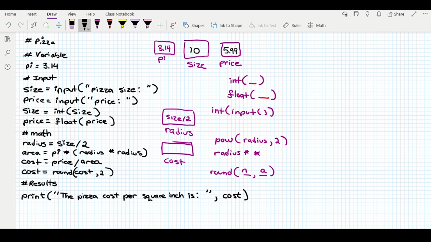Now we do some math. We get the radius. Radius is size divided by 2. The value inside of size is 10. So 10 divided by 2 is 5. We can update radius in memory. There we go. And then we look at the area. So the area is pi times radius times radius. Oh wow, I didn't make a little memory box for area. So let's put that right here.